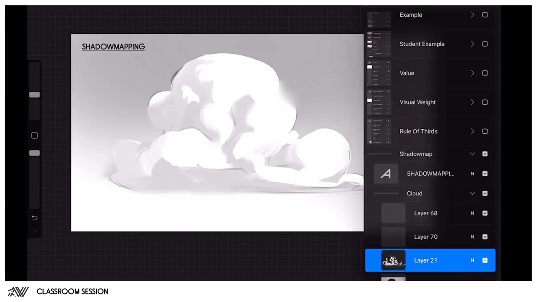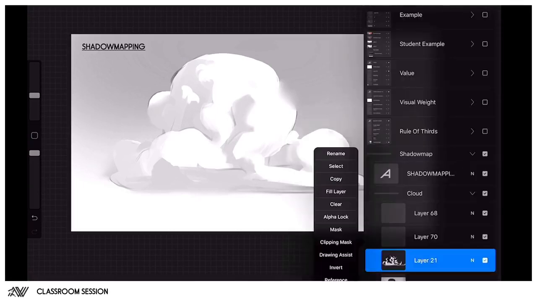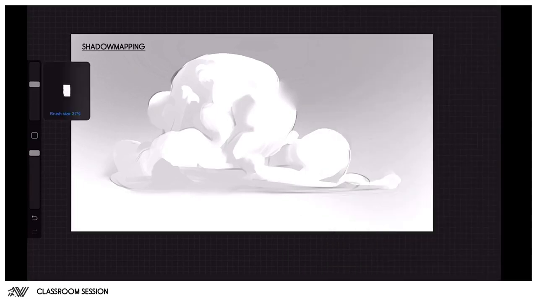I only added a shadow shape, which already makes it look like a cloud. And then you can start, especially for clouds, if I merge this down, you could start softening some of the edges, right? Because clouds don't really have that hard of a silhouette.